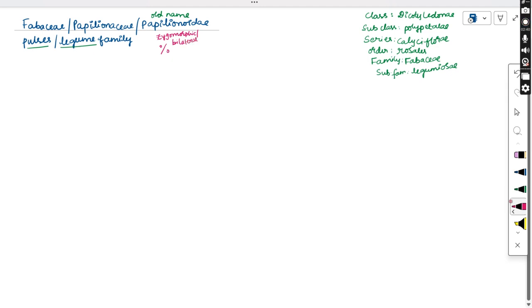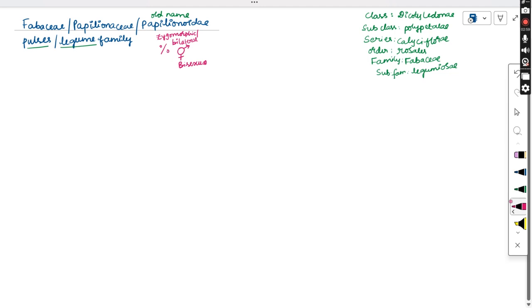That means if you cut the flower, it gives two equal halves only at a particular plane. And these flowers contain both the male and female reproductive parts. That's why it is a bisexual flower.